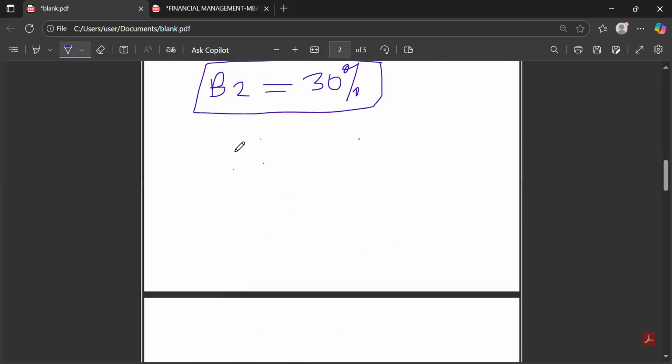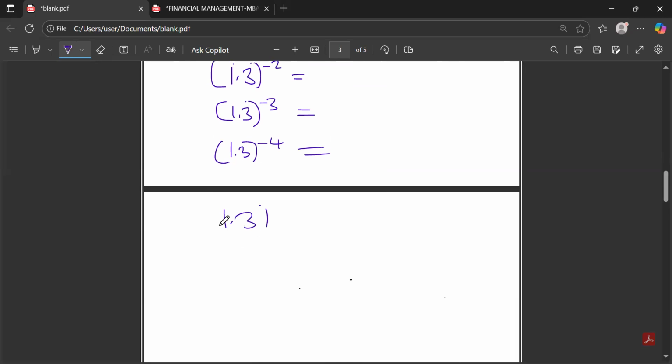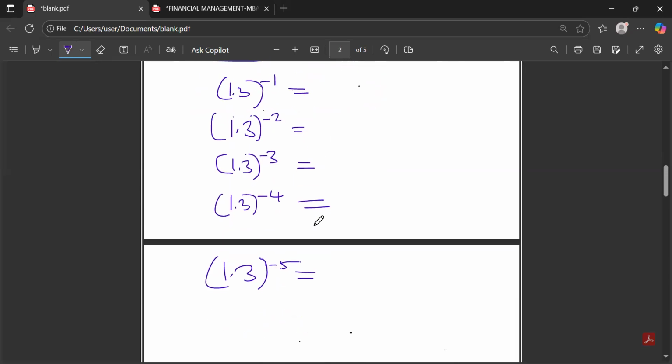So use 1.3 to the power negative 1, 1.3 to the power negative 2, negative 3, negative 4, then negative 5. Start getting the values. If you have a calculator, then you tell me.